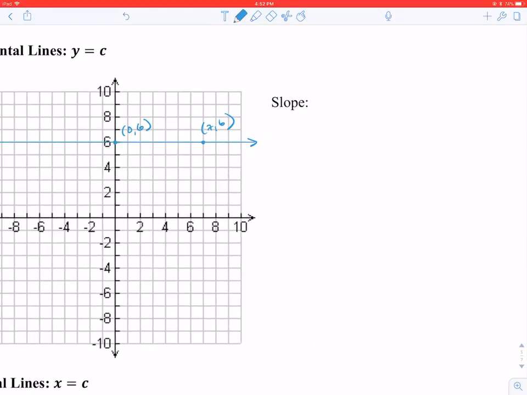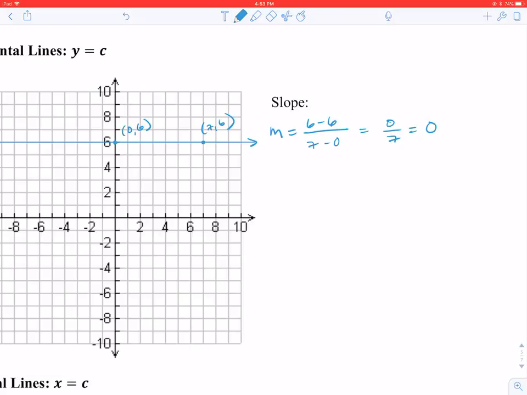Now for slope, so I have 2 points here. If I were to try and use slope formula to find the slope of this line, so change in y over change in x, I would get 0 over 7, which is just 0.